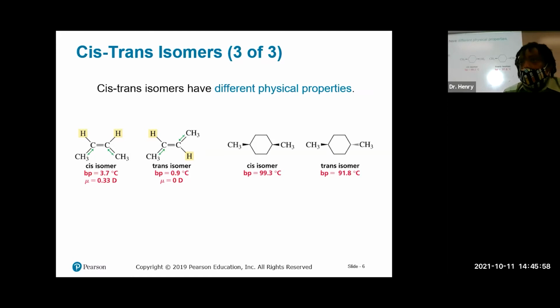It's going to be a stereoisomer, right? So the cis or trans isomers are going to have different properties associated with them, in this case the boiling point.